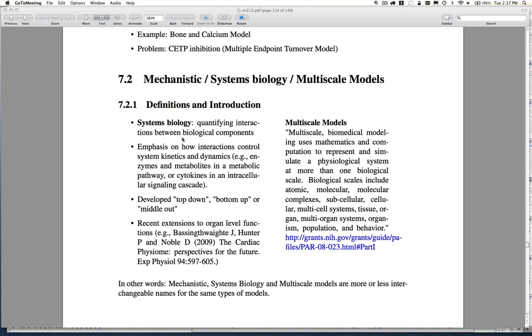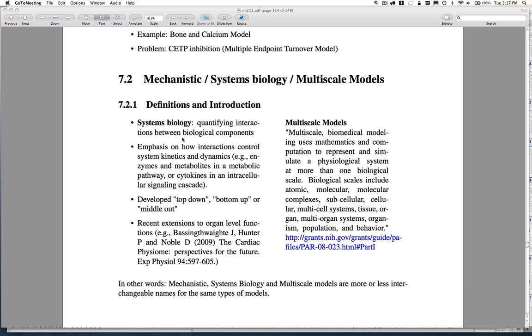And so in the broadest sense, that's what we talk about when we talk about mechanistic modeling. You'll see oftentimes in the literature semi-mechanistic, where we're realizing that we're making some simplifications to what's actually occurring, but it's all in the interest of starting to describe what's going on with the biological system.